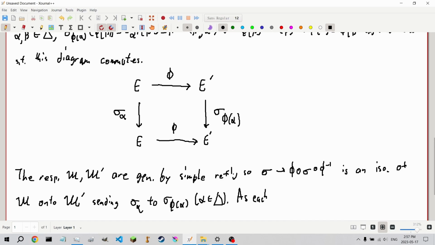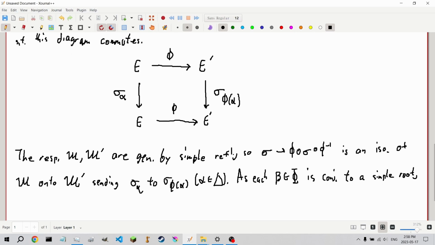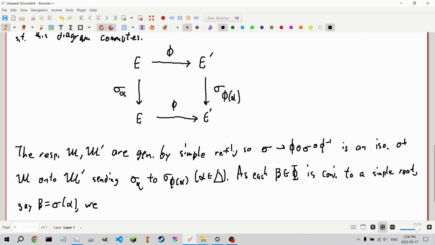As each root beta is conjugate to a simple root, say that beta equals sigma alpha, we have phi of beta is phi of sigma of phi inverse of phi alpha, which is going to be inside of our prime root system.